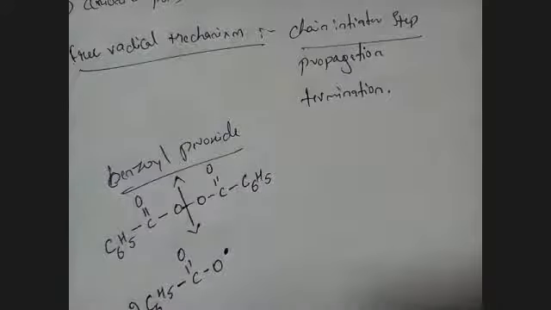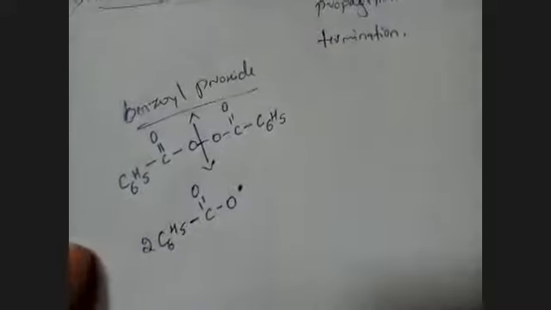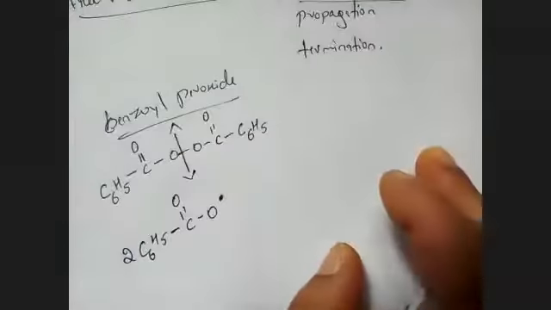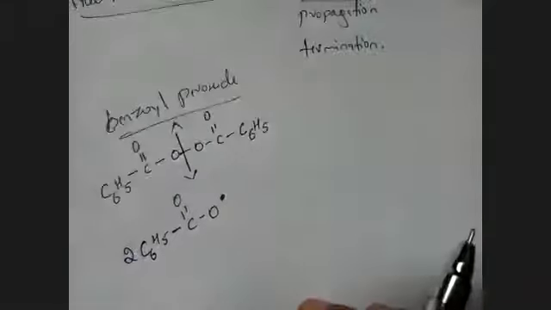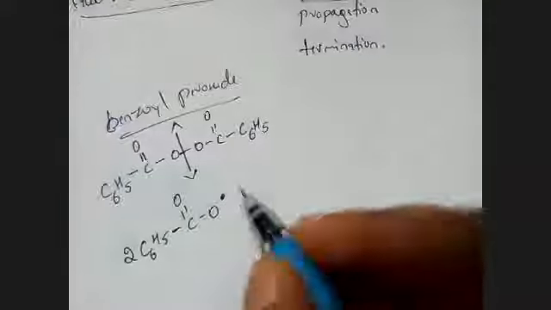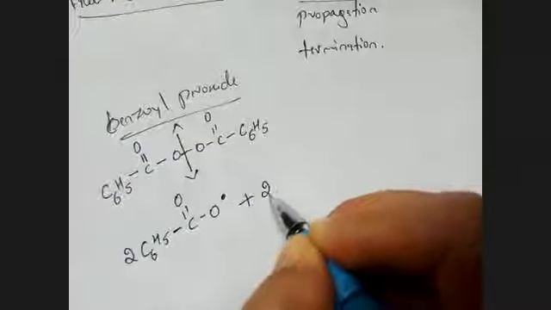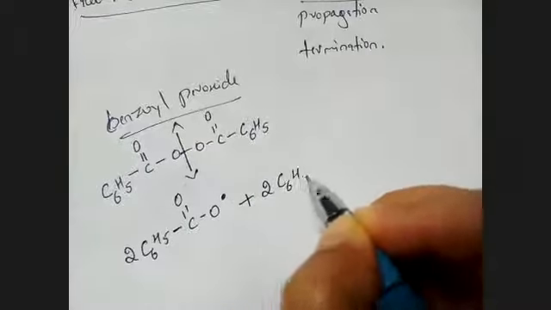If we put a dot upon any atom, it represents a free radical. So we'll get it like this. This free radical will always have high energy.